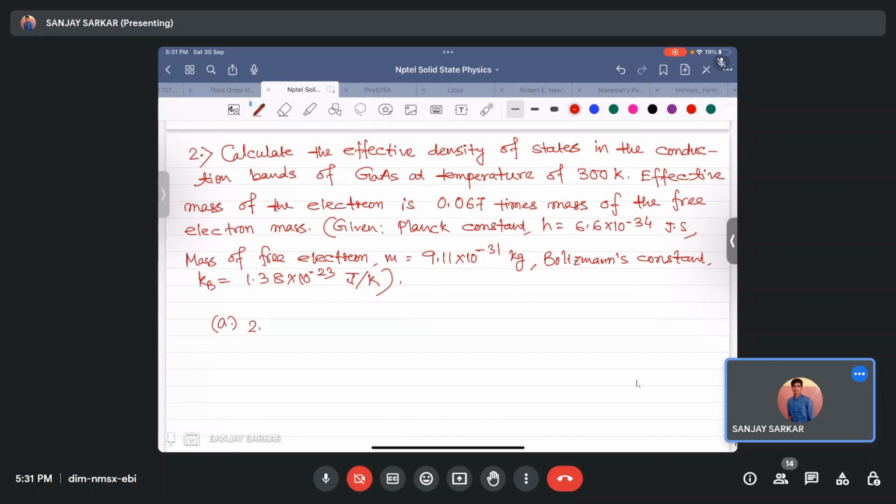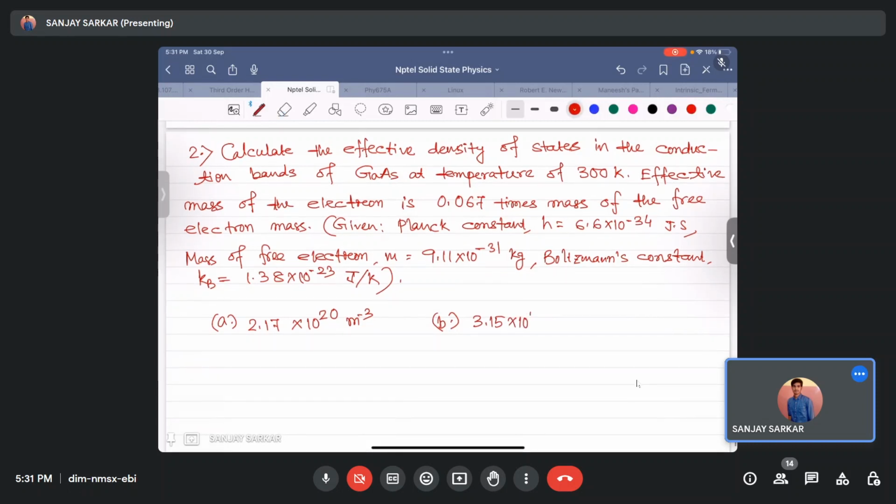Option A is 2.17 into 10 to the power 20 meter cube inverse. Option B is 3.15 into 10 to the power 22 meter cube inverse.